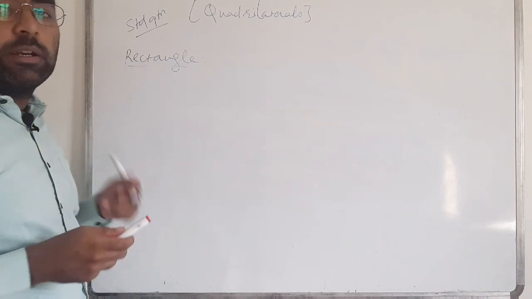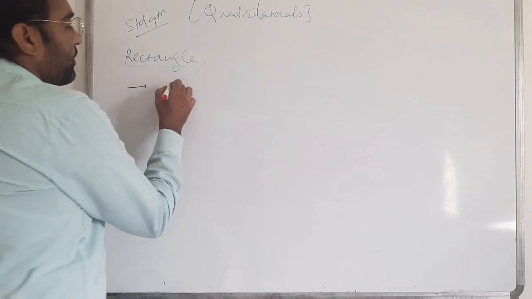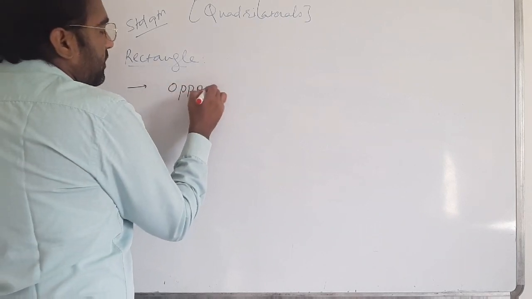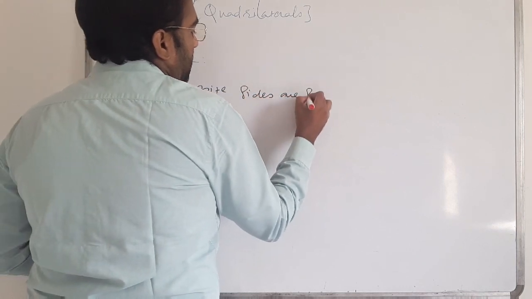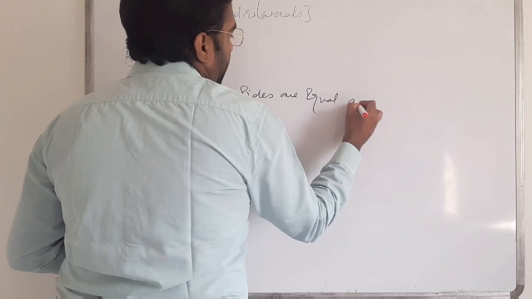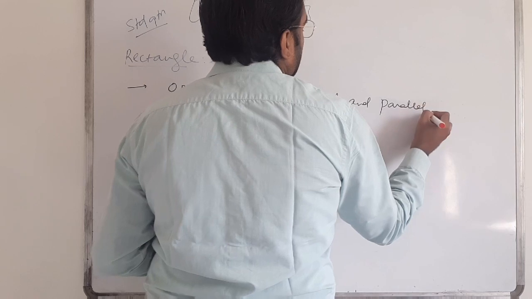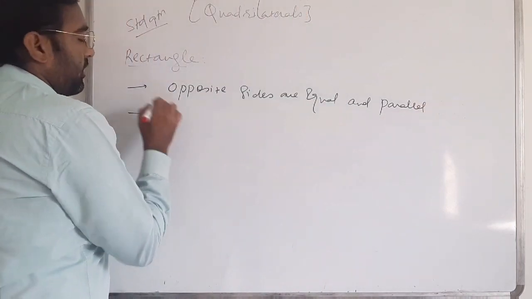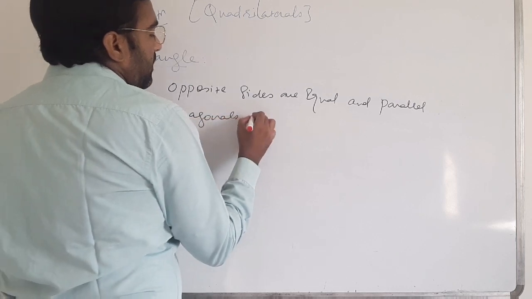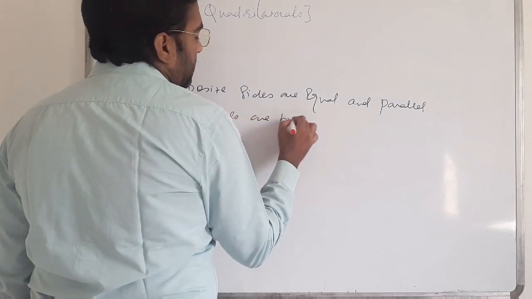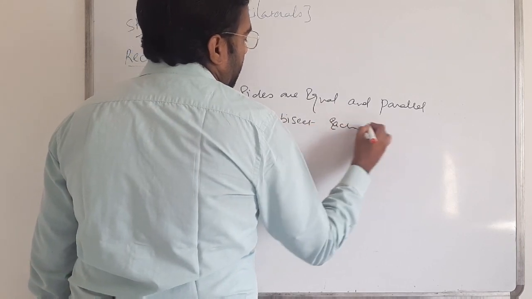In the rectangle also, opposite sides are equal and parallel. Diagonals bisect each other.